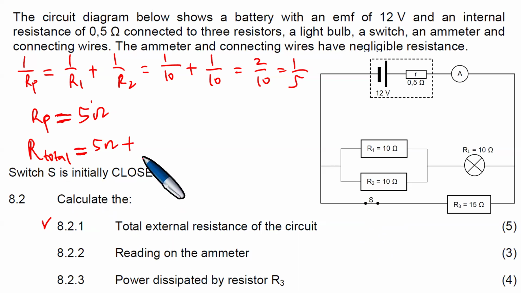And then you have the RL, which is actually exactly 10. This is 15 ohms. Right.